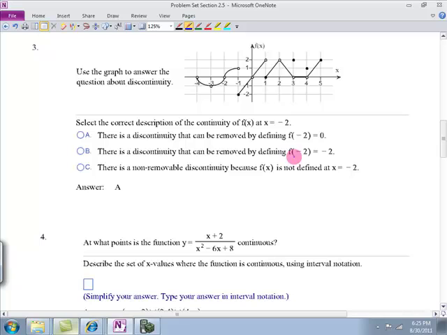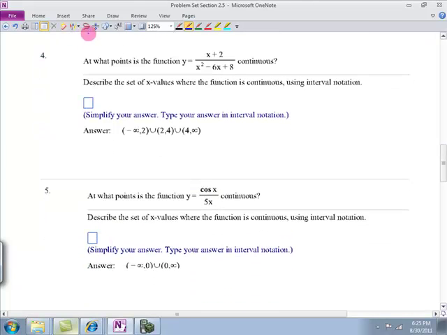Would it help us to say f of -2 is -2? That wouldn't help us, would it? Because that would put it down here. That doesn't help. There's a non-removable one because it's not defined at x equals -2. What do you think? It's actually this one. If we defined f of -2 to be equal to 0, would that not close in that circle? That would close in that circle. Okay. I guess you're looking there and you can see that. Hey, that's good.